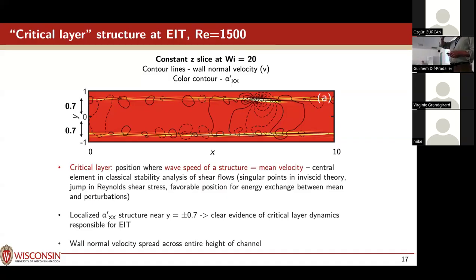There's this important concept of critical layers, a surface in a flow where the wave speed of a perturbation equals the local mean velocity of the fluid. That's the position in space where energy can be exchanged between the mean flow and the fluctuations, and we're seeing hints of that in the localized stress fluctuations.